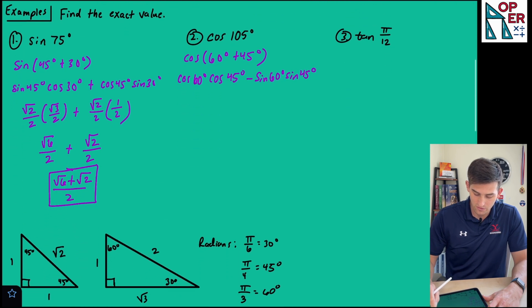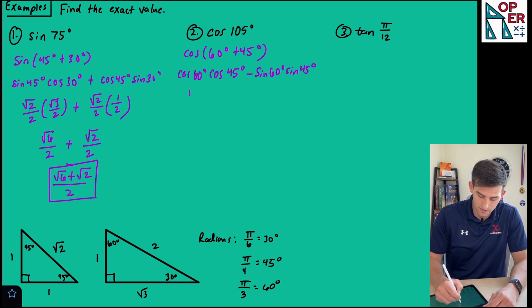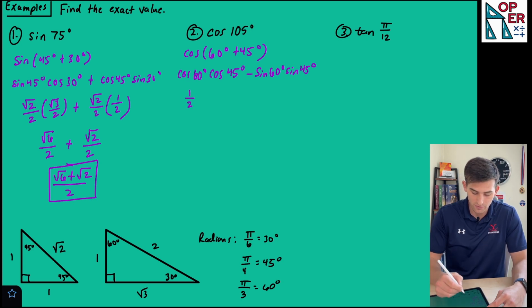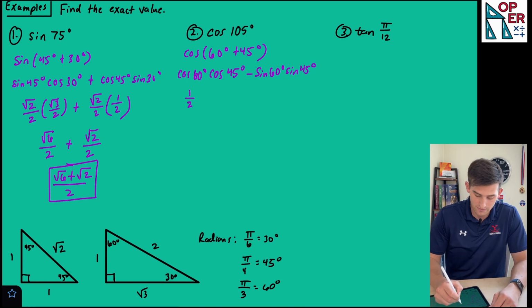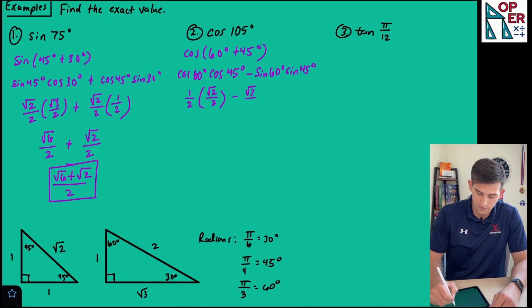Okay, so come back down, we're going to find cosine of 60. So we're at our 30, 60, 90 triangle, adjacent over hypotenuse. That would be 1/2. Cosine of 45, we already found on number 1. We said that was root 2 over 2. And then sine of 60 would be opposite over hypotenuse, so that would be root 3 over 2.